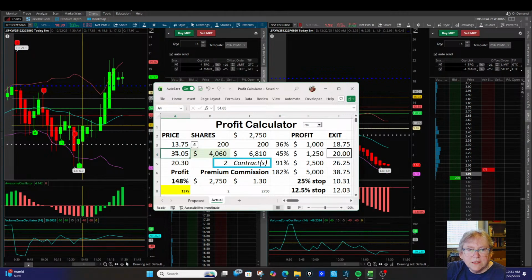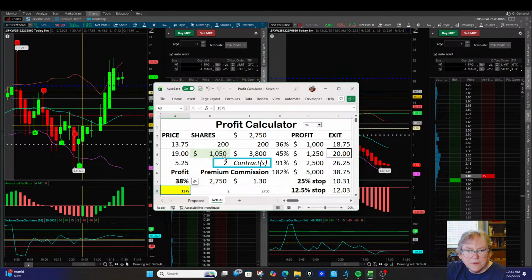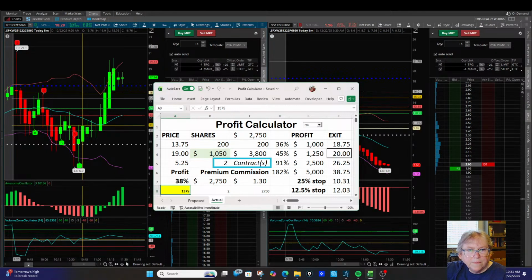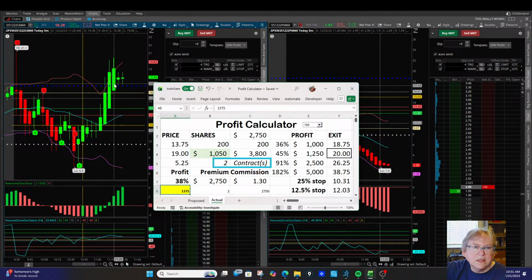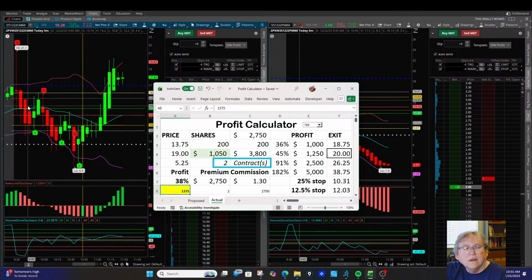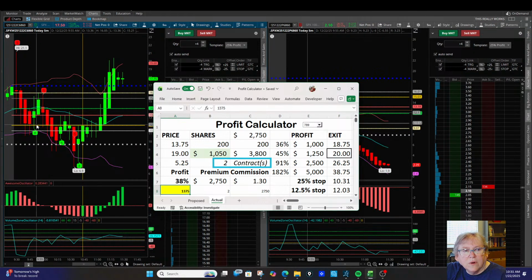Let's plug 19 in and see what we get. Okay, 1,050. That falls within that range. So the high up here was 2040, so we would have hit that, but not before hitting a stop loss.